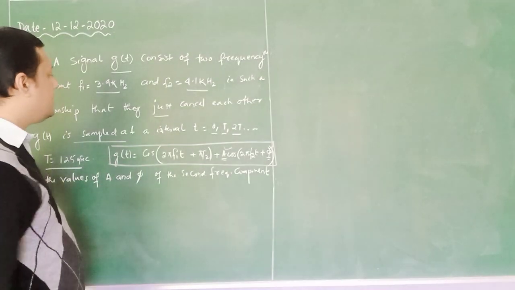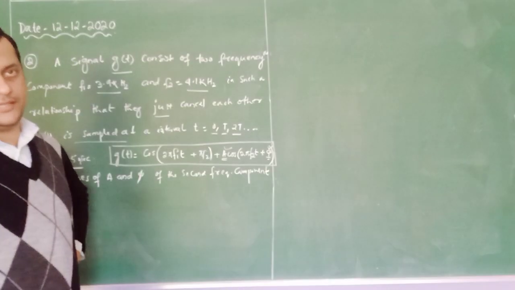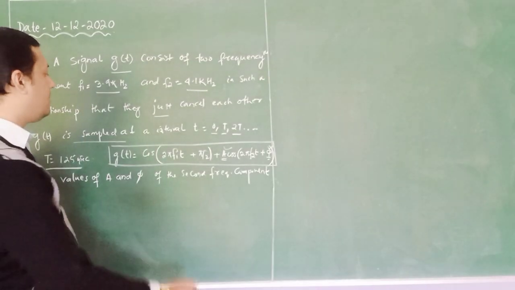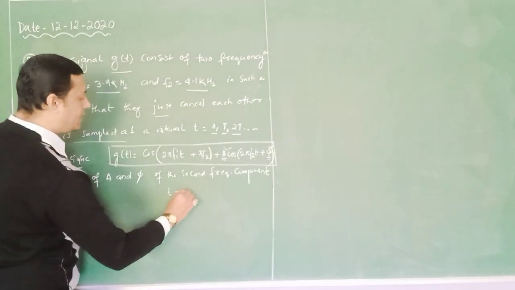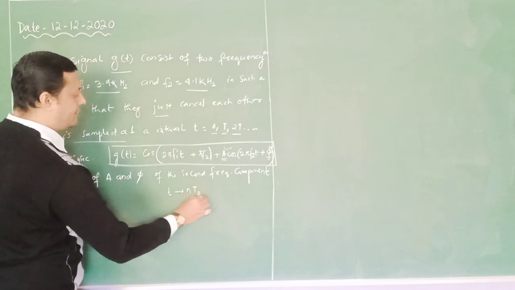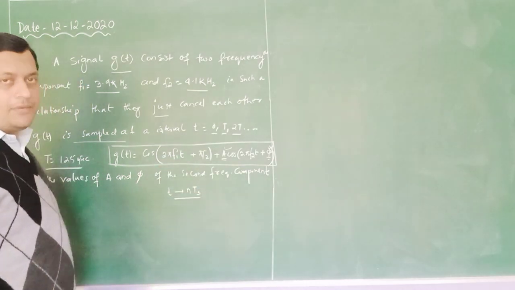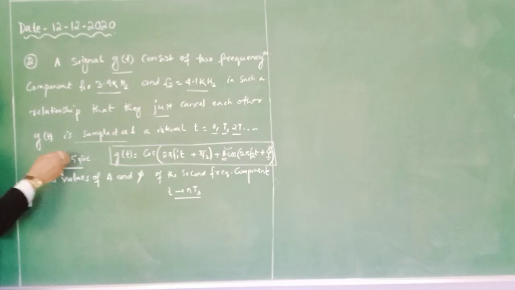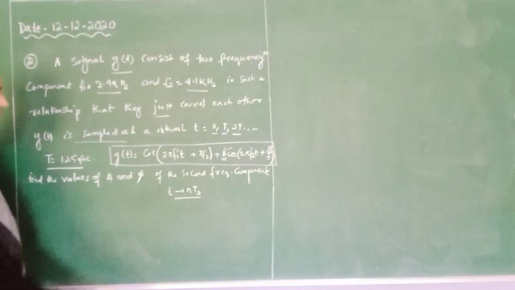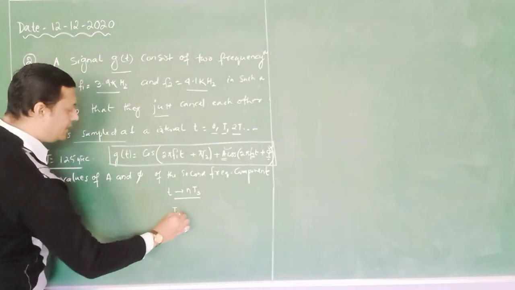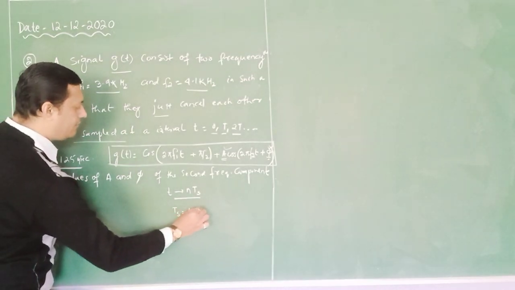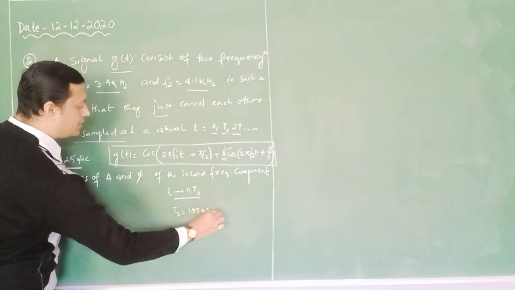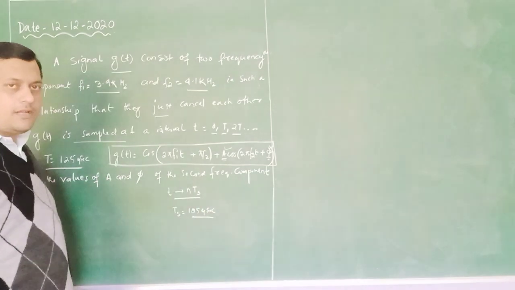How do we identify A and phi? First of all we need to sample it. How will we sample? T is replaced by nTs because it is sampled. What is Ts? Ts is given as 125 microsecond, so that is also a hint.